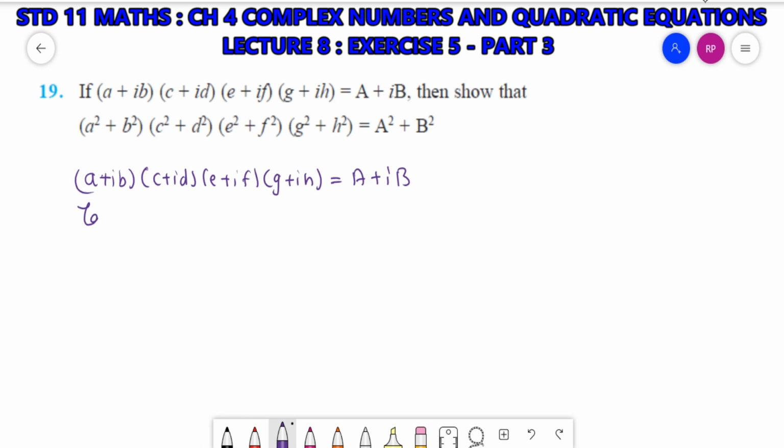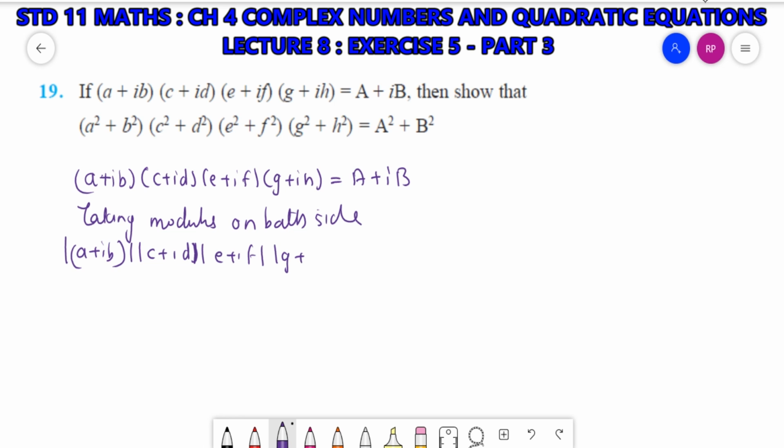Now taking the modulus on both the sides, that means modulus of a plus ib. Now we can also take the modulus separately of each factor: c plus id, e plus if, g plus ih.